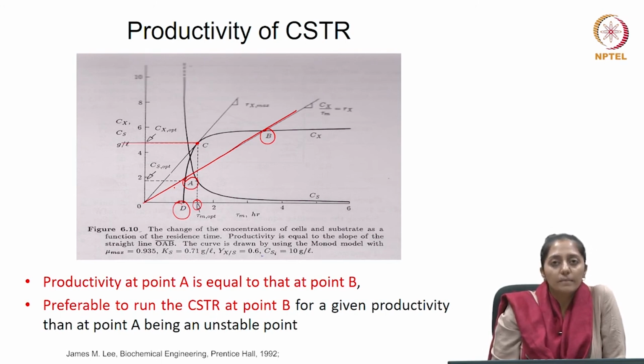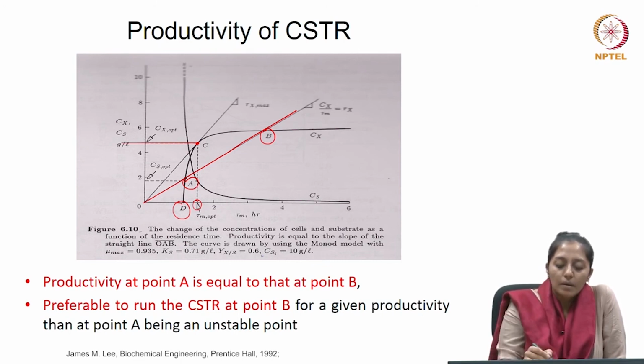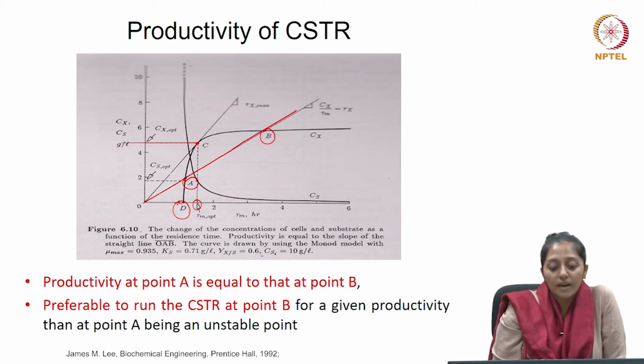Can you make a guess? Right. One would like to run the chemostat to achieve this productivity at point B rather than at point A, because point A is very close to D, which is the washout point, which means the dilution rate is very high at point A.